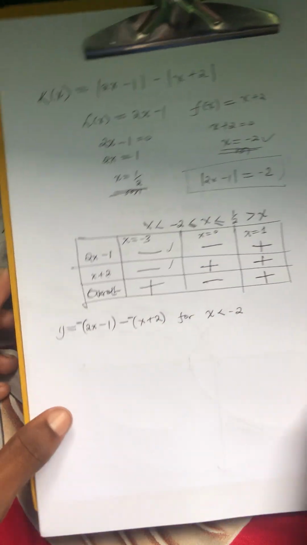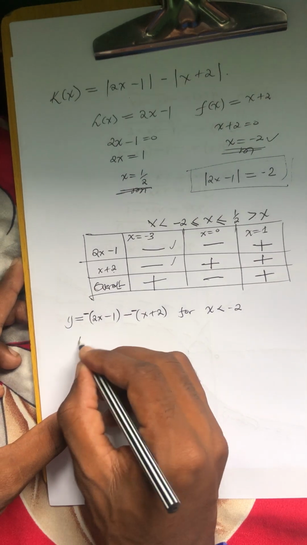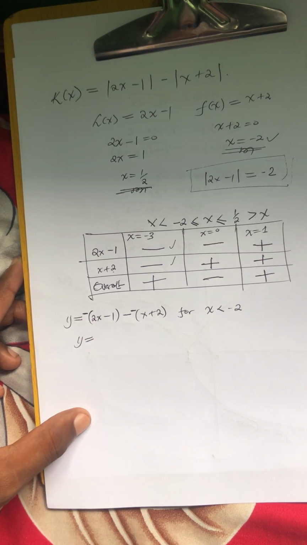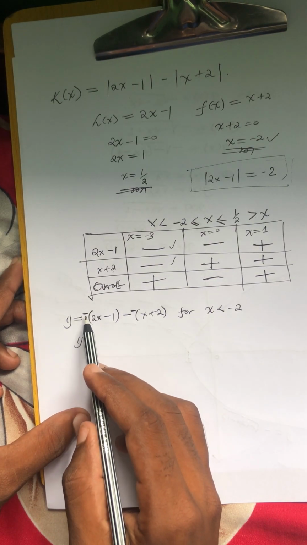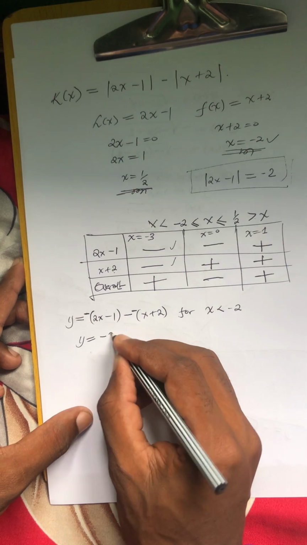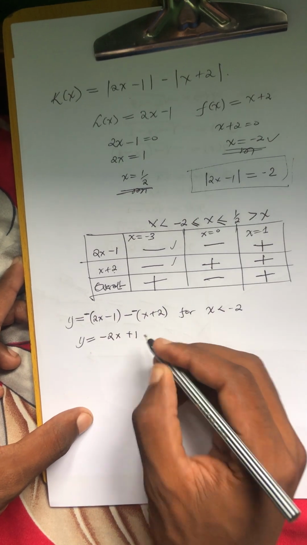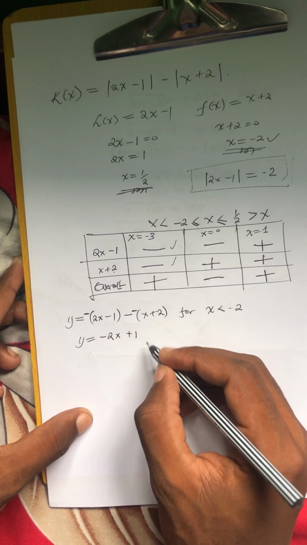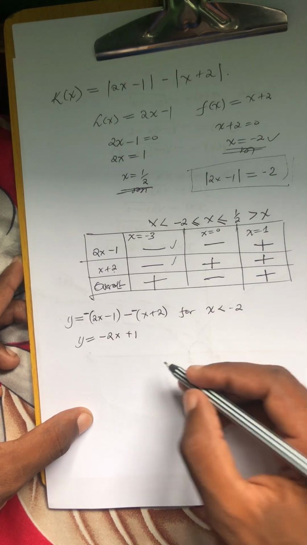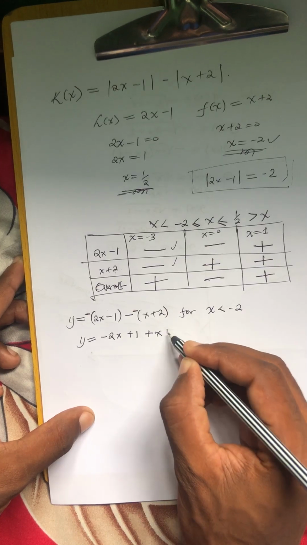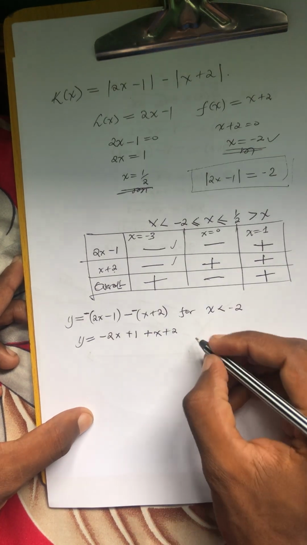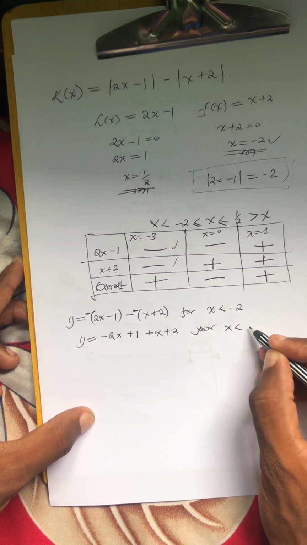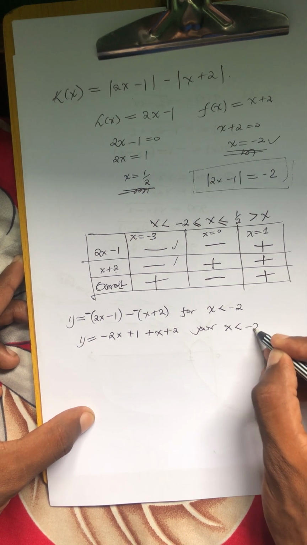Then we say y is equal to this times that: minus 2x, then plus 1, then here it is positive, so it's just like multiplying by 1, so it will be plus x plus 2, for the region where x is less than minus 2.